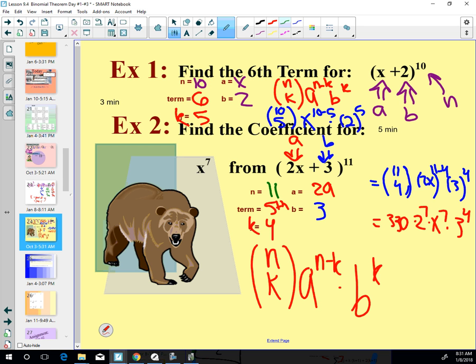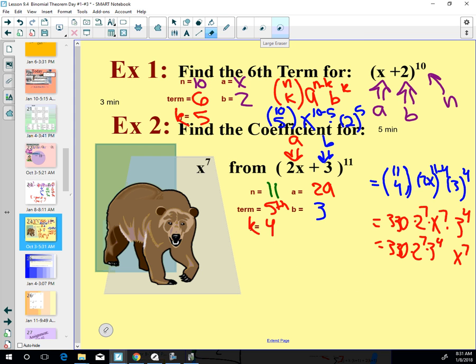So what's 330 times 2 to the 7th times 3 to the 4th? That's 330 times 128 times 81. What is all of that equal to? It's going to be big.